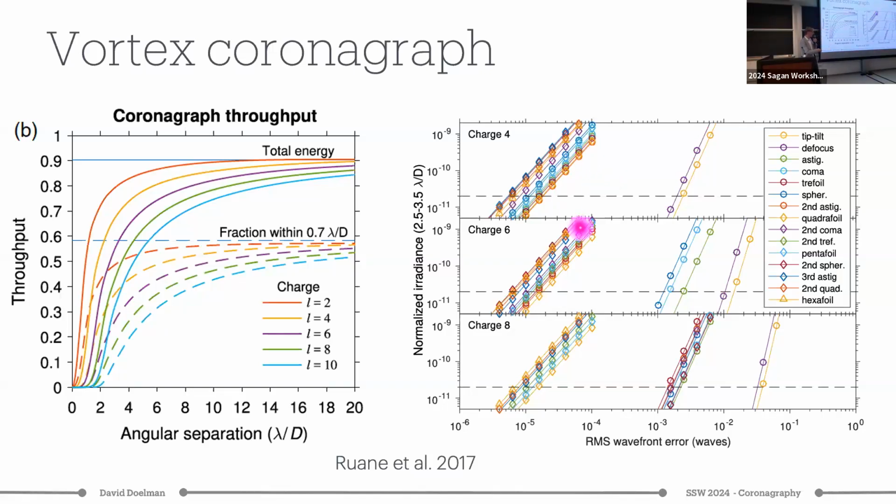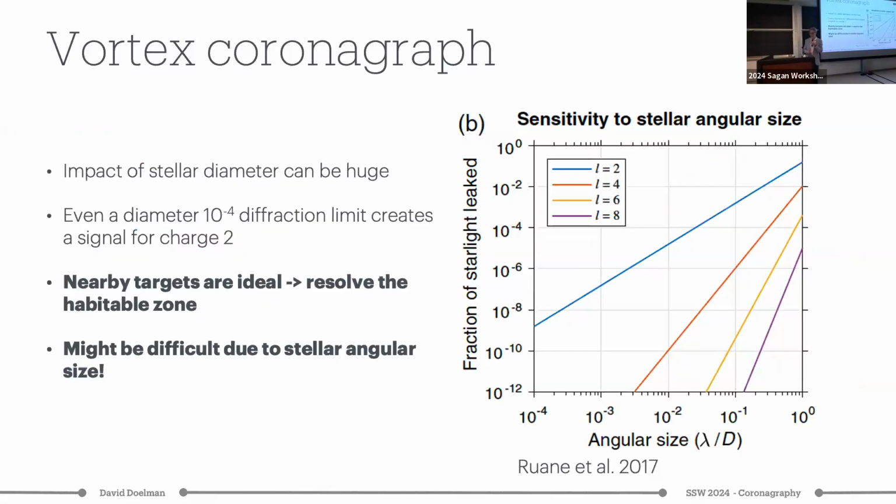If we increase the charge, there are more and more modes where you need larger aberrations before it starts degrading the contrast. So higher charge, less aggressive, larger inner working angle, means more robust against aberrations. And this is a general trade-off for all coronagraphs.